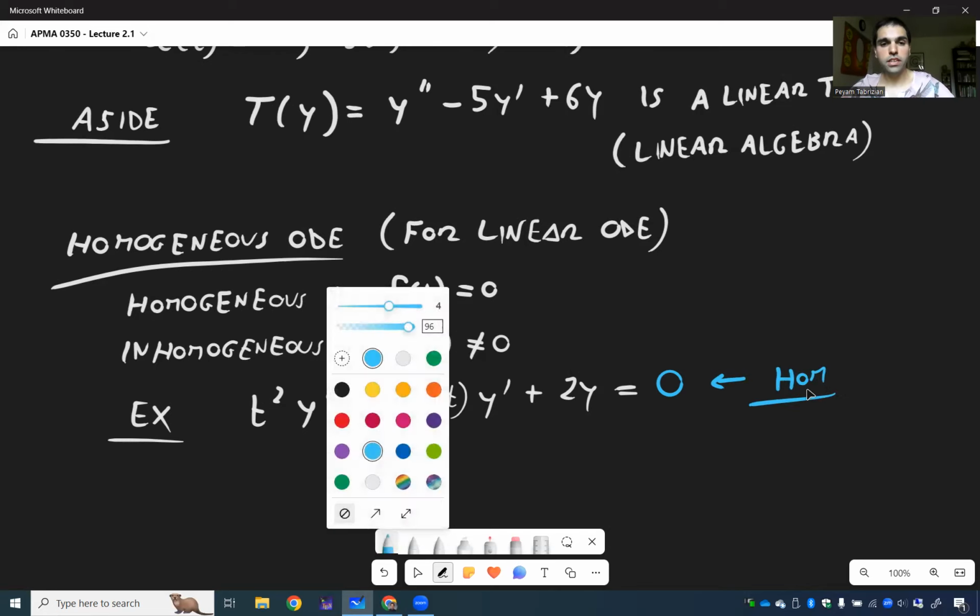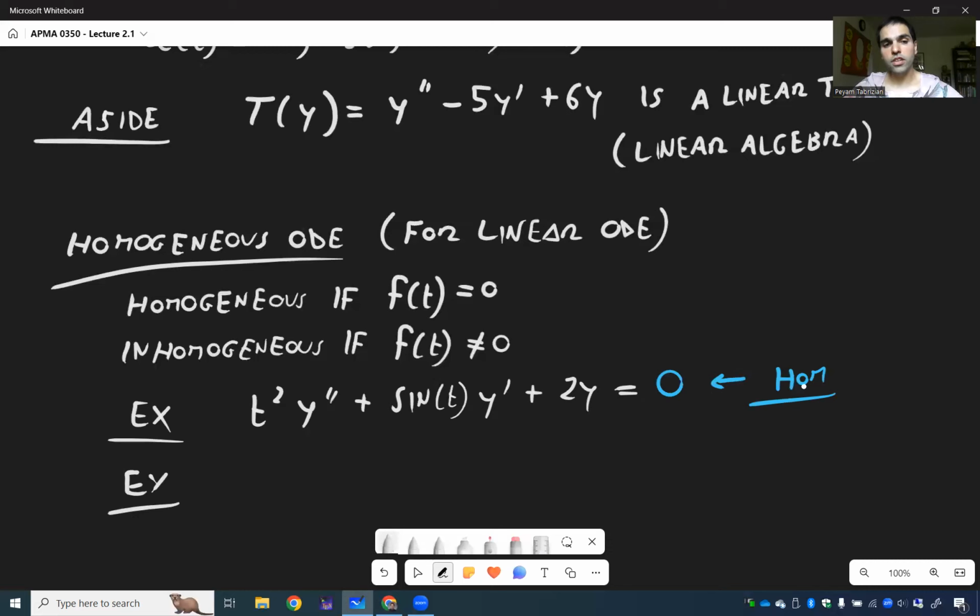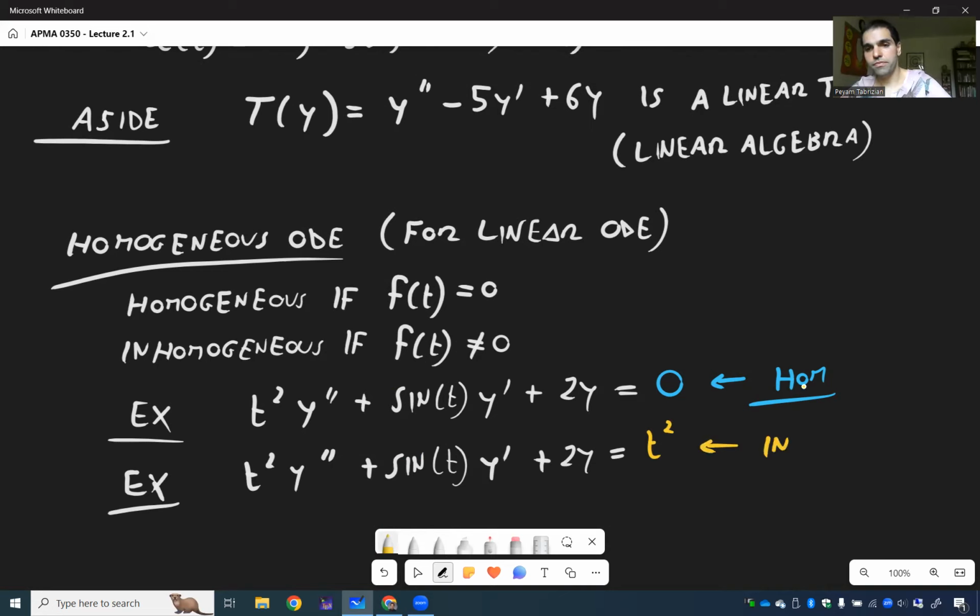But if you take the same equation and change it to something non-zero, t squared y double prime plus sine of t y prime plus 2y, let's say equals t squared, that makes it inhomogeneous. And the cool thing is, we will see it later, we can use homogeneous ODE to solve inhomogeneous ones. Very mysterious, but you'll see it'll make much more sense.